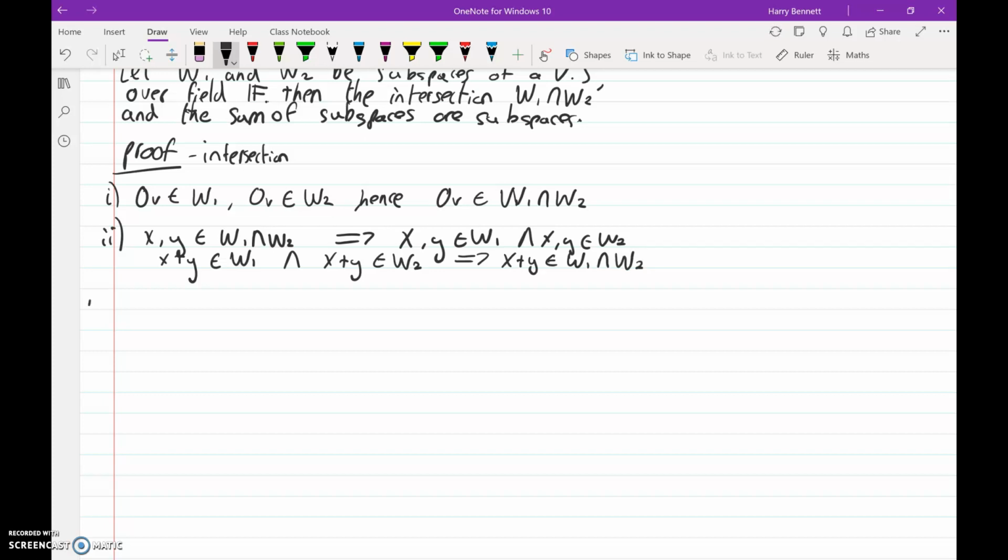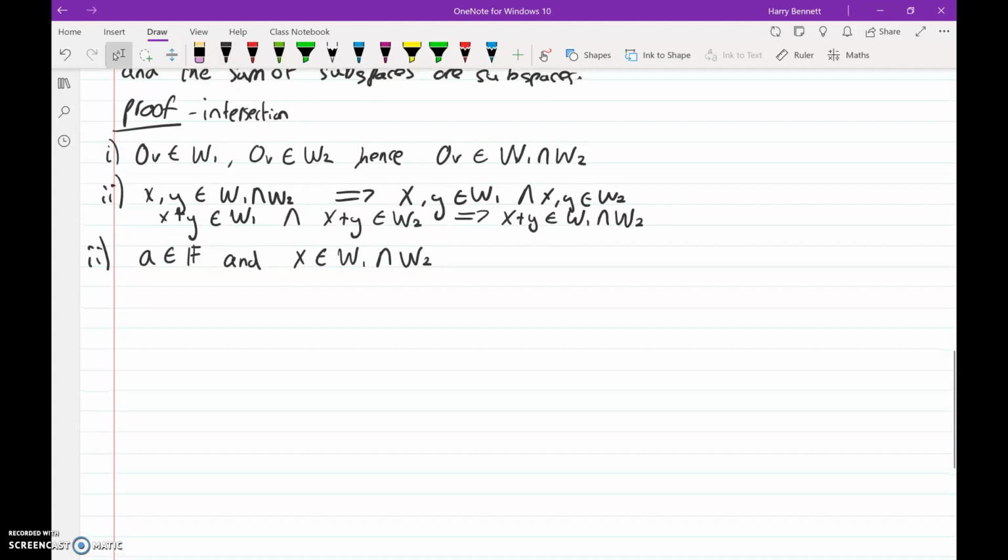Okay, and finally, we have to show that the intersection is closed under scalar multiplication. So we take any A in the field and we let an arbitrary element x be in the intersection.